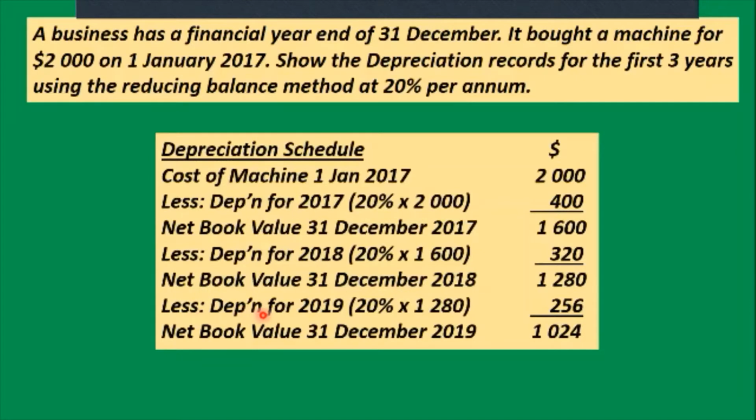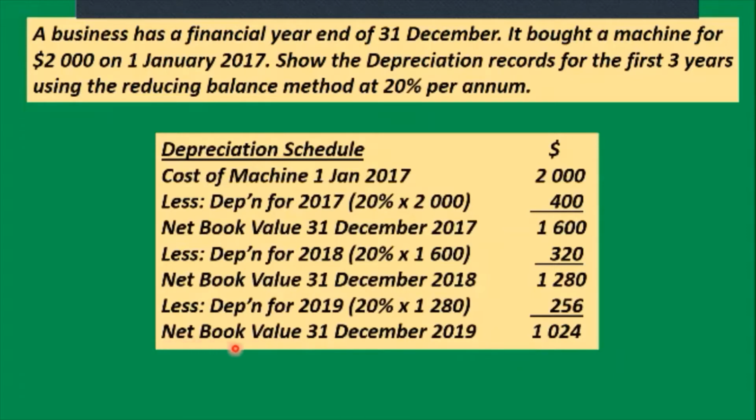And then one more year we will do. We will minus the depreciation for 2019 when we get to the end of the year 2019, 20% of the 1280 here, and we get 256. Minus the 256 from 1280, and we get 1,024 as our net book value. So this is a new terminology you're learning here.